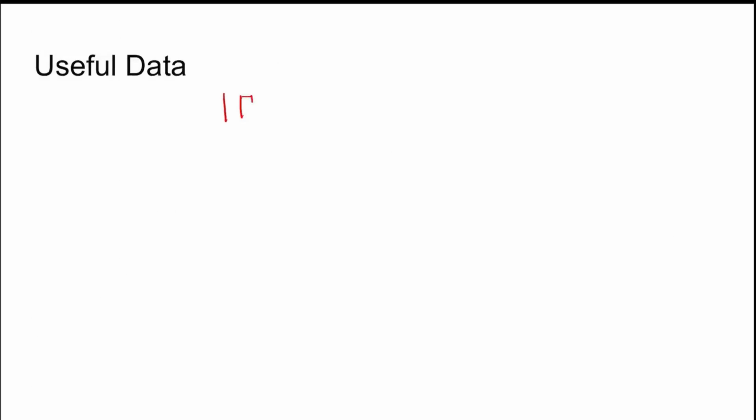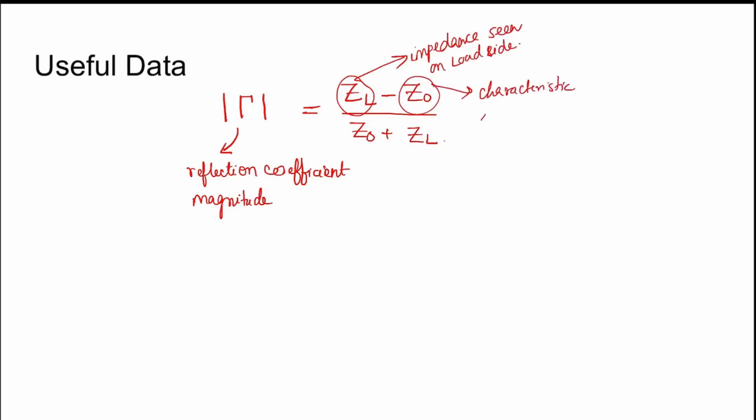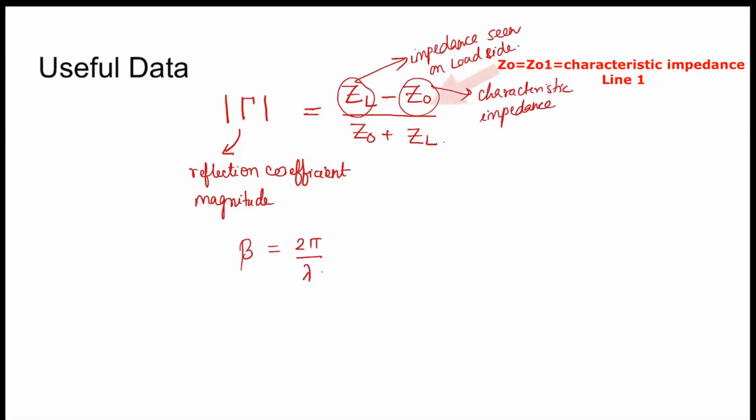Now useful data you will need in order to solve this question is the reflection coefficient magnitude equal to ZL minus Z naught divided by Z naught plus ZL. So ZL is the impedance seen on the load side, Z naught is the characteristic impedance. Now also beta is 2 pi by lambda.